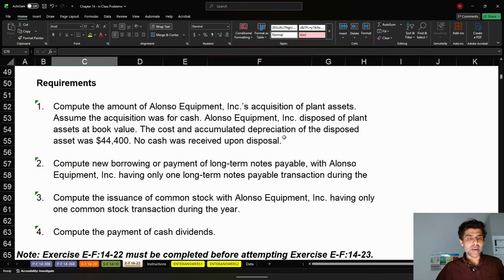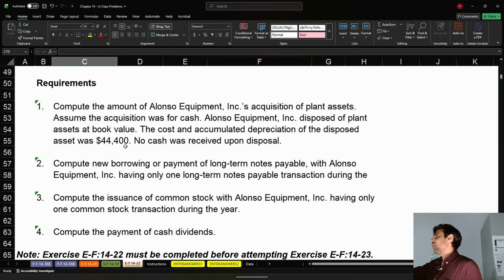Okay, so we know that there was a disposal of plant assets at book value. So what is the book value? In the next line, it's telling us the cost and accumulated depreciation of the disposed assets was 44,400. So what is the book value? If both the cost basis and the accumulated depreciation is 44,400, it's zero, right?